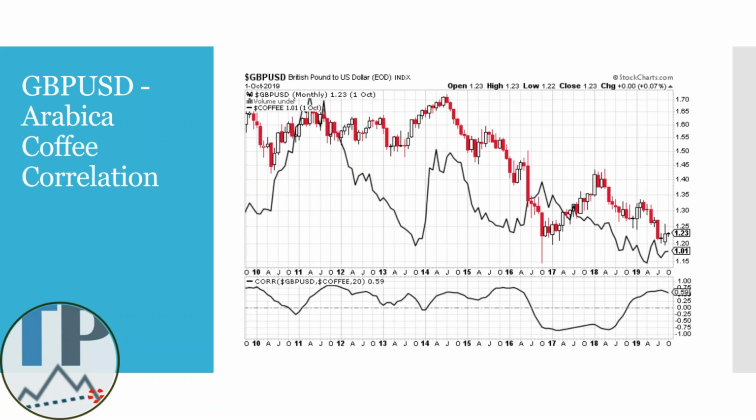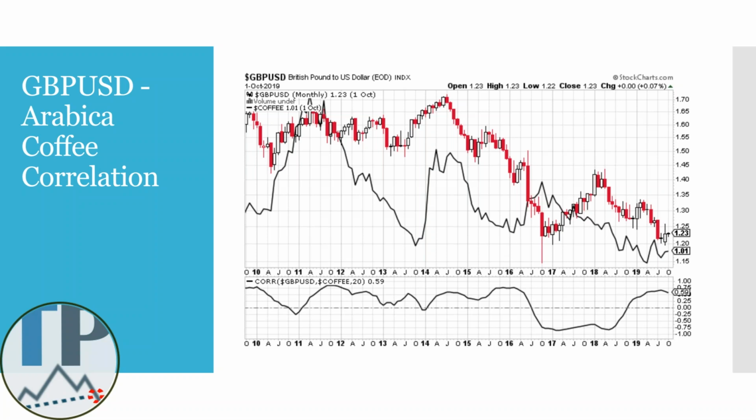Okay, now looking at this next slide, we are looking at Arabica coffee and how it correlates with the British pound. So again, the influence from the British pound is much less than it used to be. The reason why there is still perhaps some positive correlation at times is because, just like with the cocoa markets that we were just talking about, with coffee, there is a Robusta coffee traded on the former LIFFE London exchange.